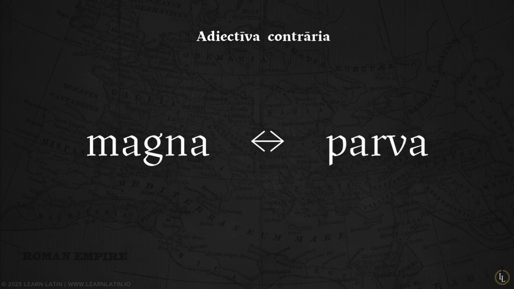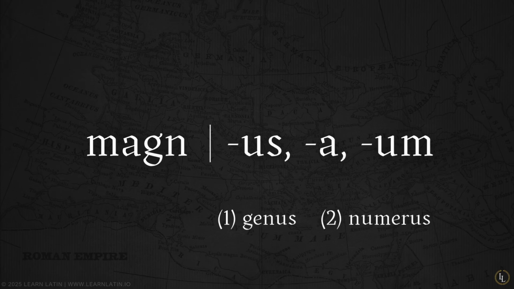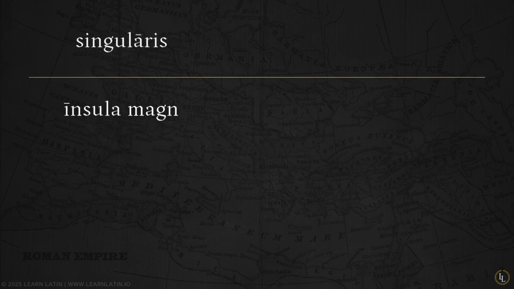Also, there are antonyms, or opposites, which we indicate with a double arrow. The most important thing to remember is a simple rule. Adjectives must agree with the nouns they describe in gender and number, and also in case, but we'll learn that later. In practice, this means the endings must match. In other words, they rhyme.